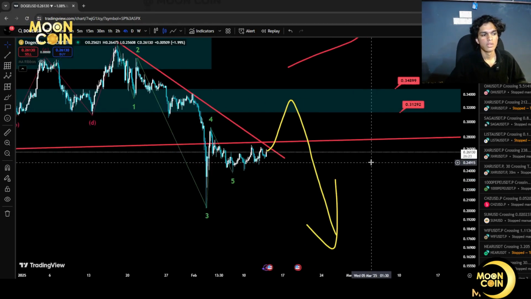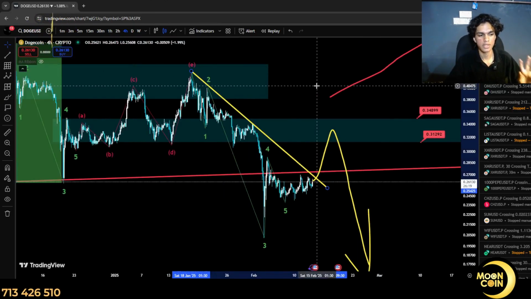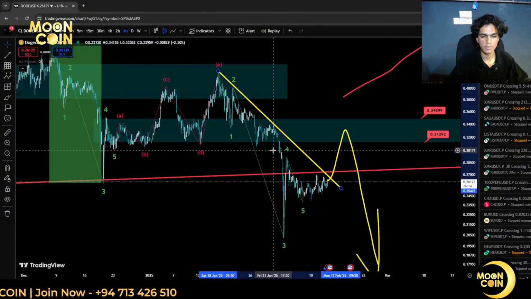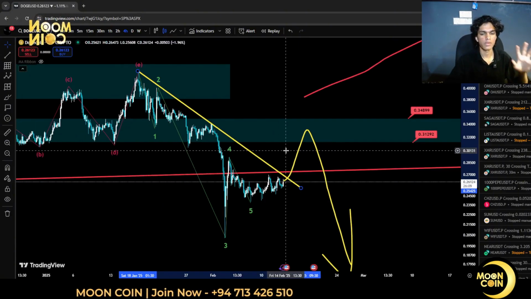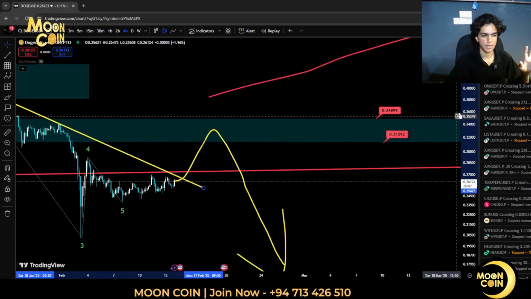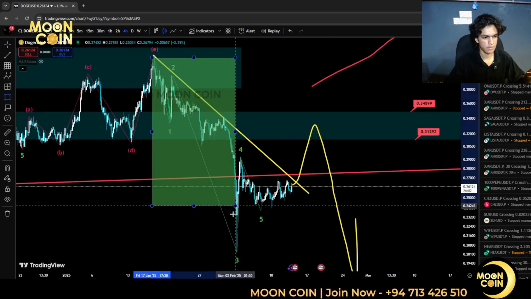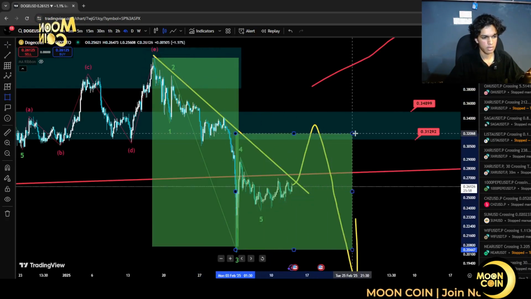The higher time frame analysis is a bit confirmed, right? The direction is now for the long side, because the impulse has been done and the fifth wave has also been done. Now it's going for a correction wave. A correction wave takes a long duration. Let's consider that the correction wave could be like this.